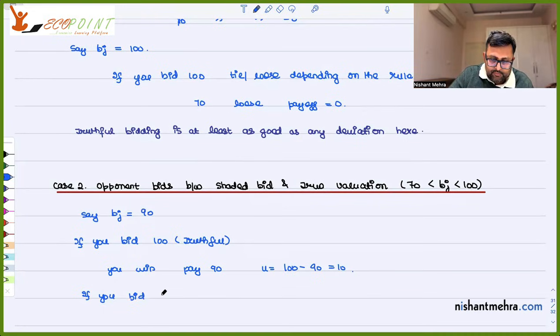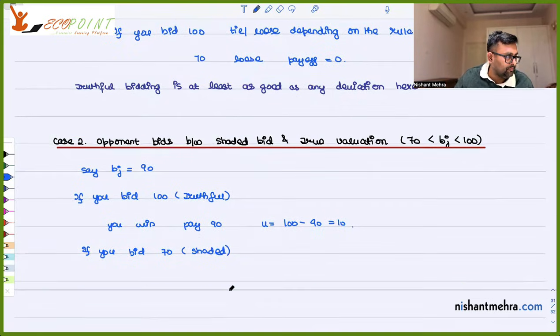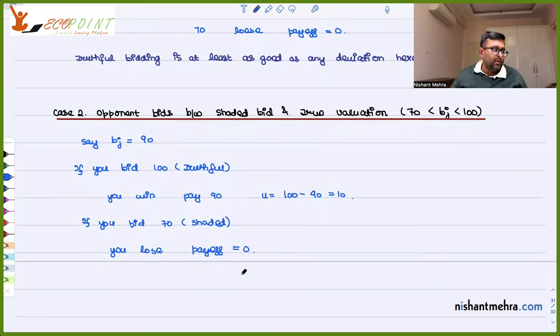If you bid shaded, you lose. You lose, your payoff is 0. So shading the bid is strictly worse than truthful bidding.